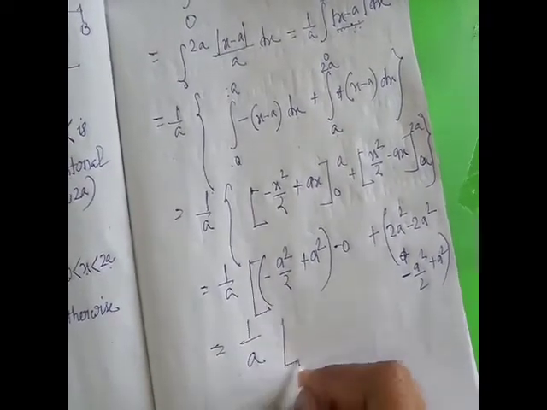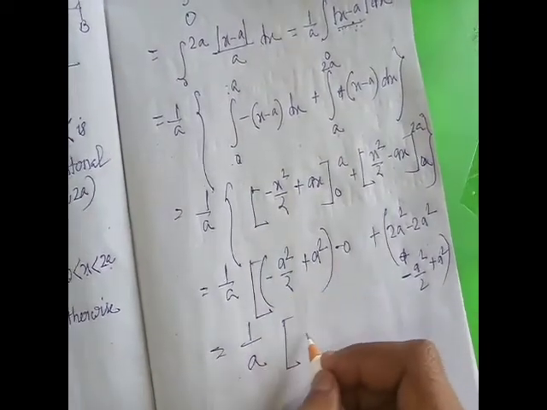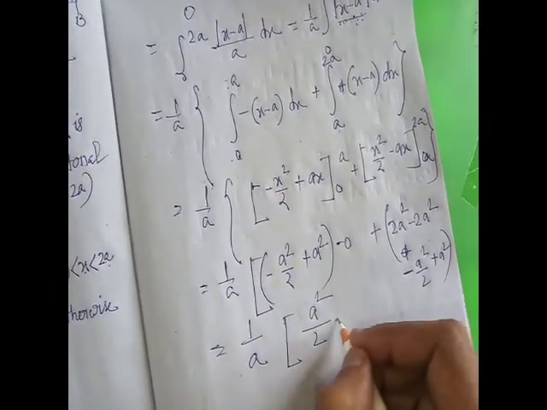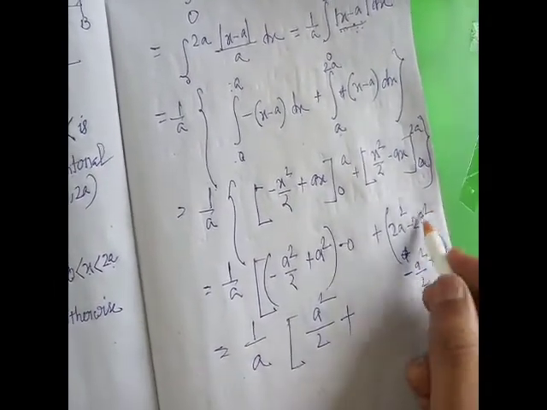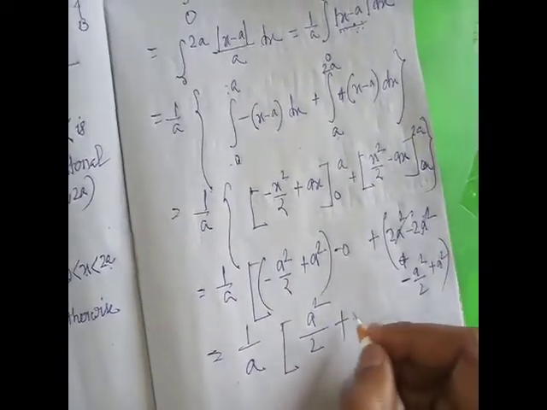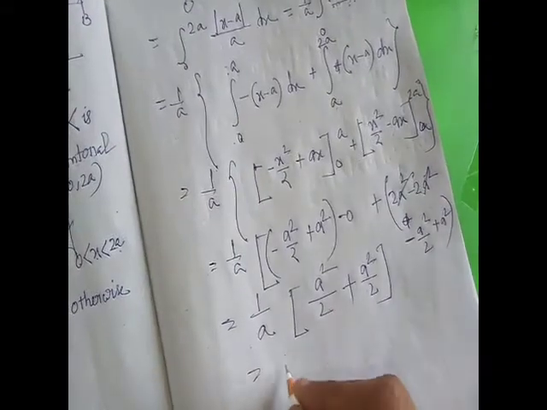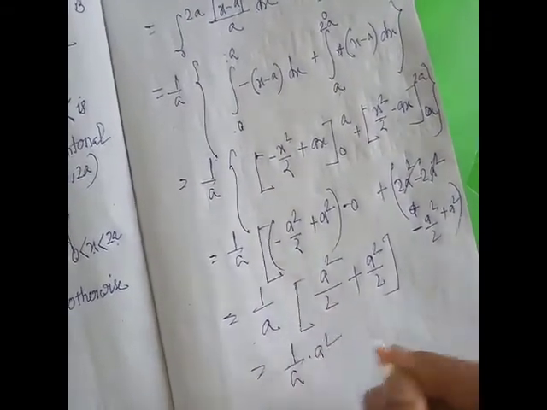The terms cancel, leaving a square by 2 plus a square by 2, which is a square, and 1 by a into a square gives a.